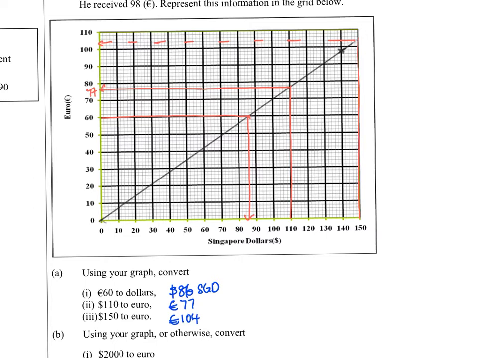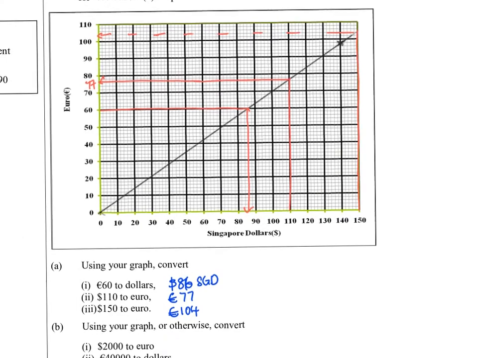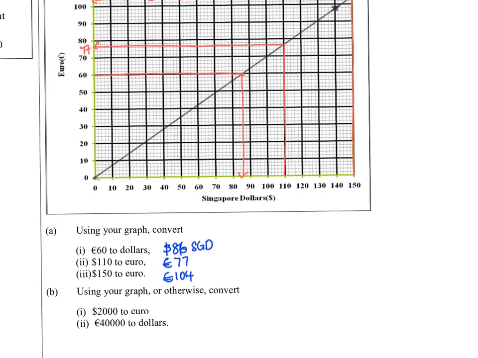Then part B, using your graph or otherwise, convert $2,000. My axis doesn't go up to $2,000, so I'm not able to use my graph in this case, but I do know what they have told me: 140 SGD is equivalent to 98 euro.